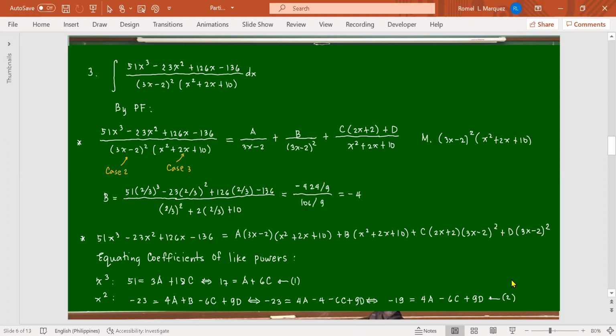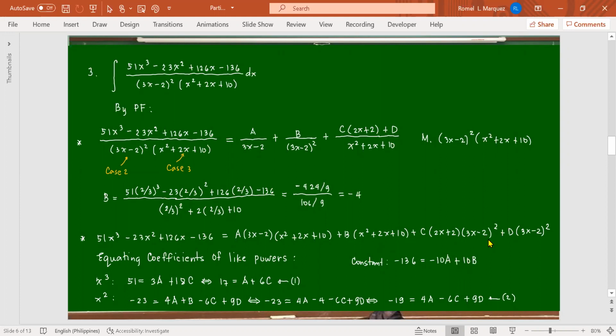What about for constant? Let's have for constant. So let me write it here. For constant, the constant term is negative 136. On the right side, negative 10a. Will this have constant here? Yes, positive 10b.